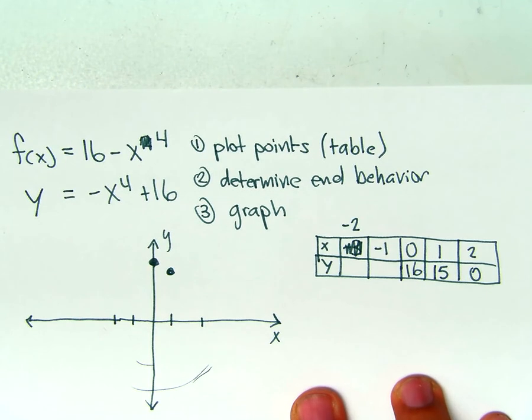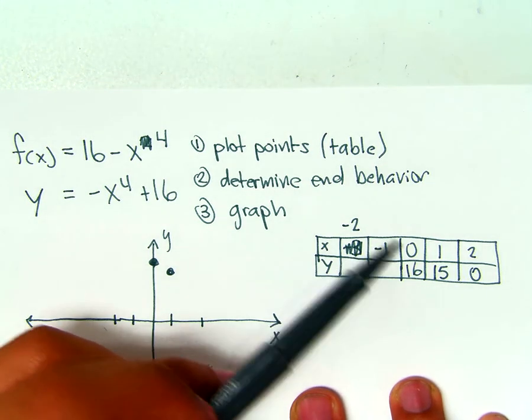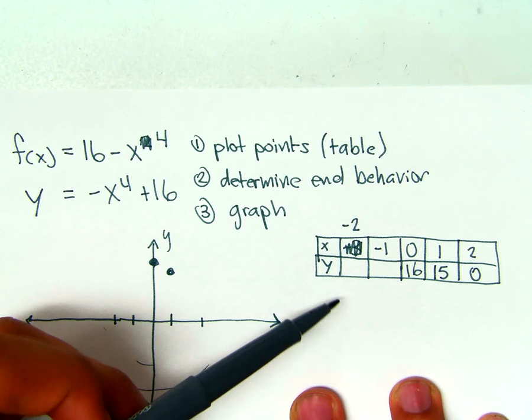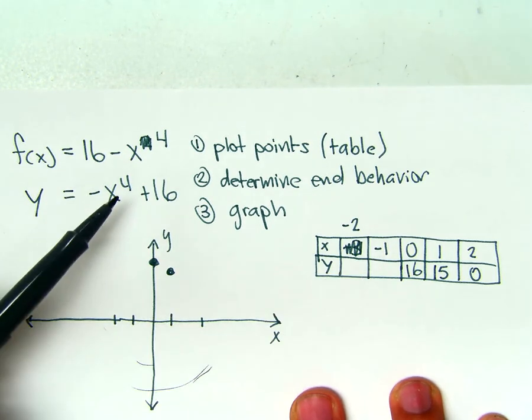What's negative 1 times negative 1? 1 times negative 1 is negative 1, times negative 1 is 1. Okay? So let me put it to you this way. If we were to square a negative number, what happens? Makes it positive, right? Well, anytime it's an even power, it will become positive.